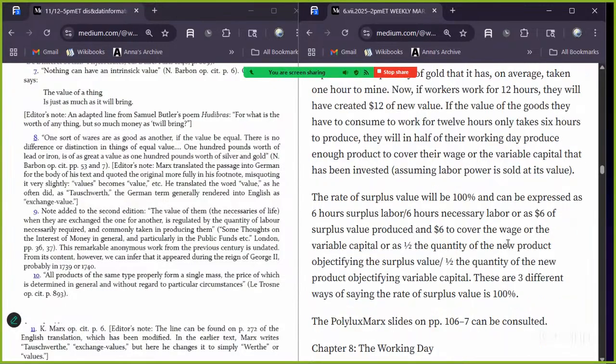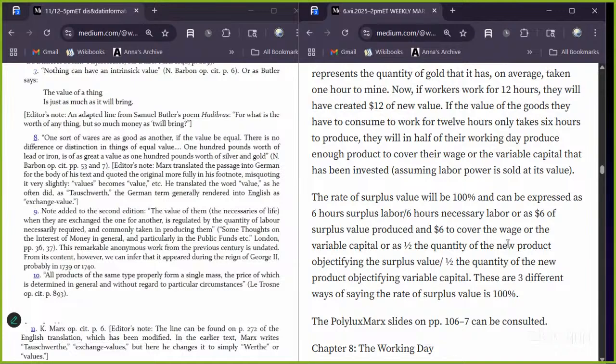The rate of surplus value will be 100% and can be expressed as 6 hours of surplus labor over 6 hours of necessary labor, or as $6 of surplus value produced and $6 to cover the wage or the variable capital, or as 1/2 the quantity of the new product objectifying the surplus value over 1/2 the quantity of the new product objectifying variable capital.